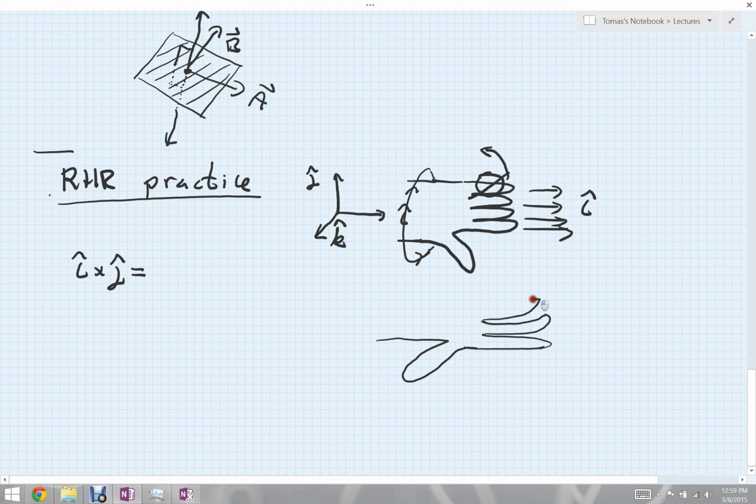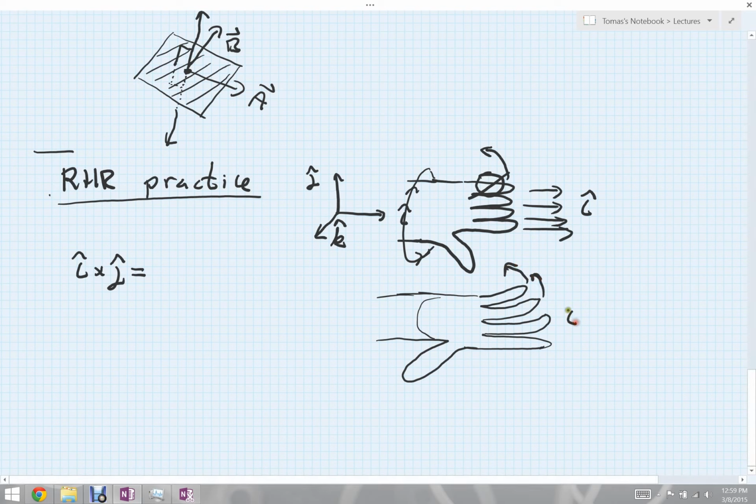That's 4 fingers, and there's a palm here. Sorry, it looks kind of like a monkey hand, but you get the idea: when my palm is face up, I can curl these fingers toward the j hat direction.